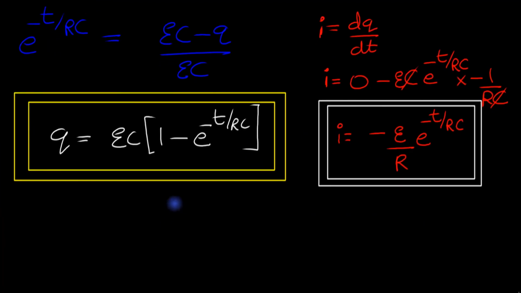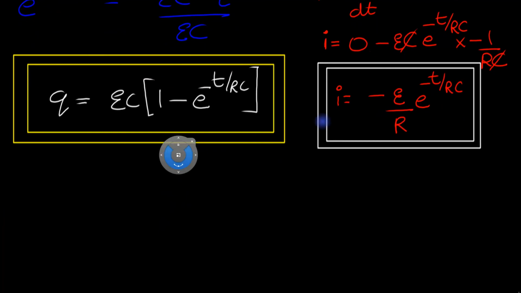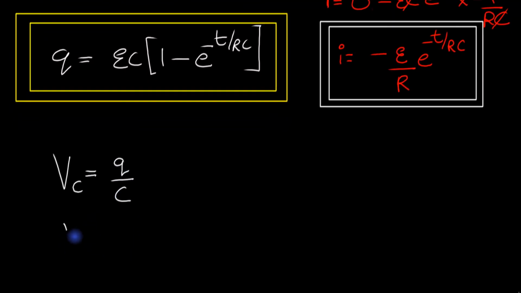And finally, I want to calculate what the voltages are. The voltage across the capacitor is actually the easiest part. It's just going to be Q divided by C. It's going to follow my charge, right? So I just have to divide this by C, and it's going to be E times 1 minus e to the power minus t divided by RC.